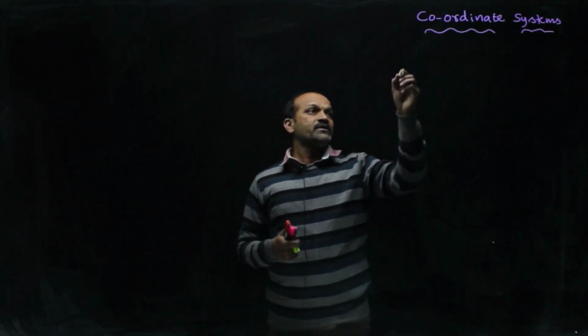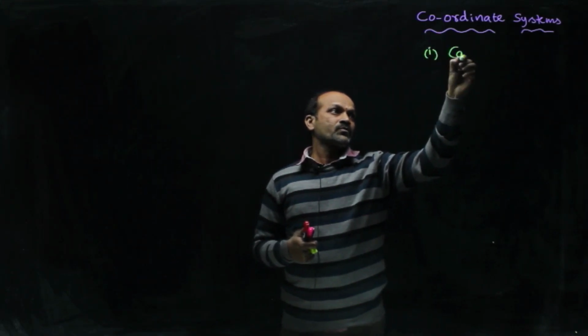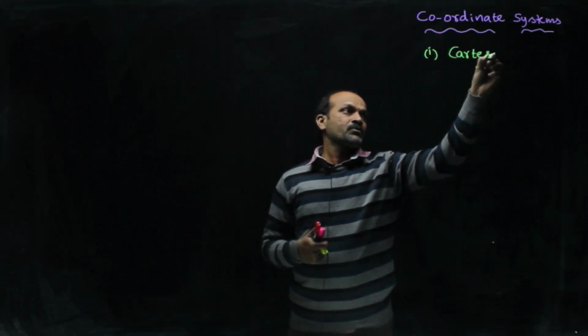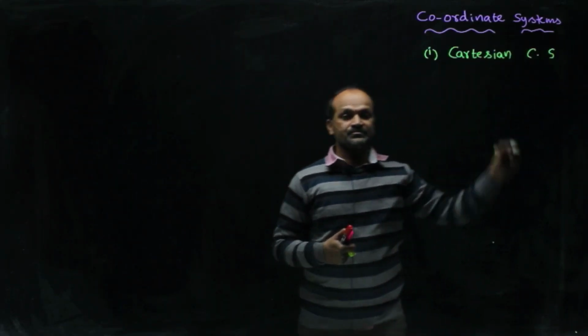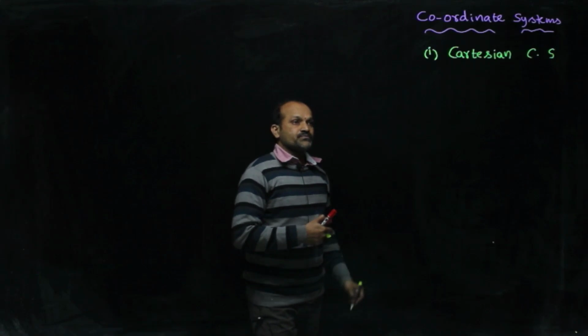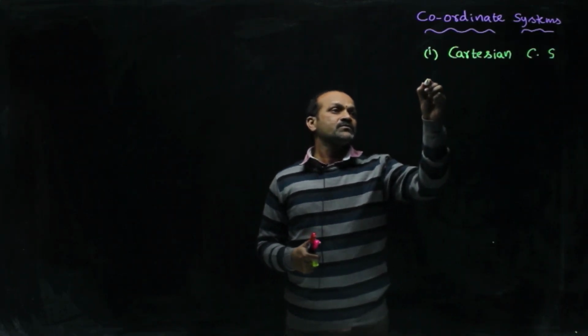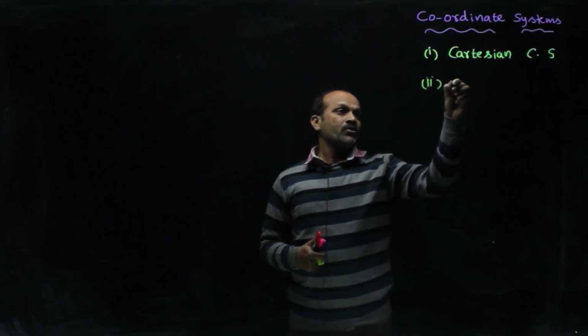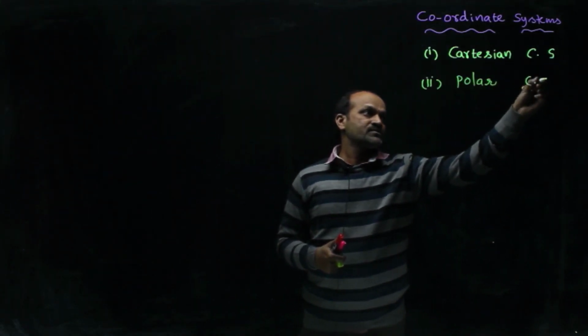One of the coordinate systems is the Cartesian coordinate system. We use x, y, z, those things you know. The second one is the polar coordinate system.